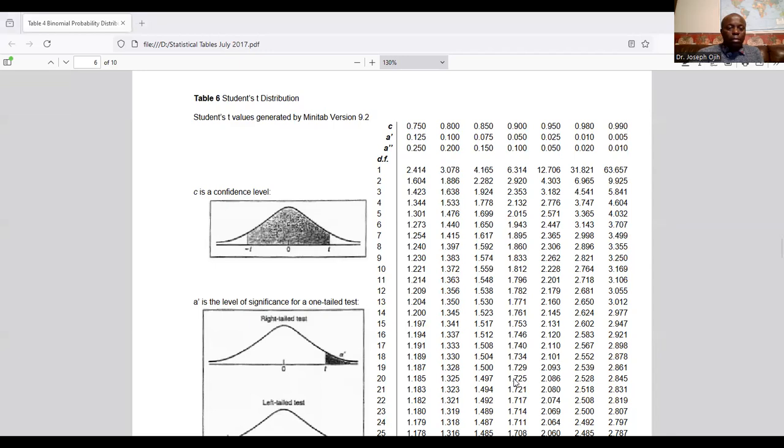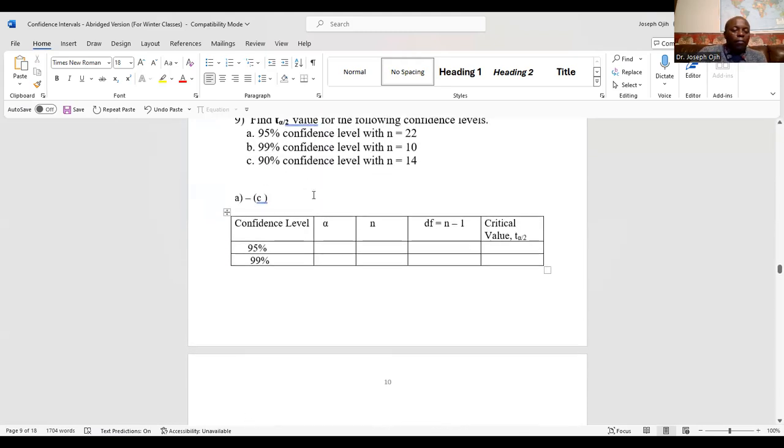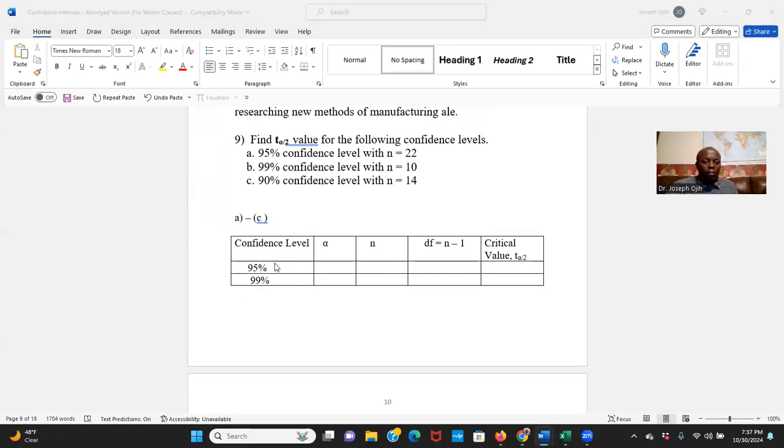Okay. You have this T, find T alpha over 2 for 99% and for the following confidence levels. The first one they give us is the 95% confidence level. In this case, if you're 95% confident, that means your chance of being wrong is 5%.